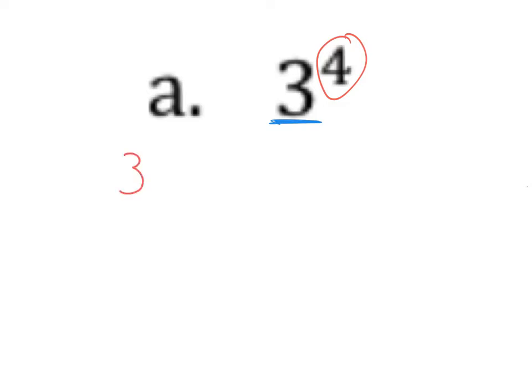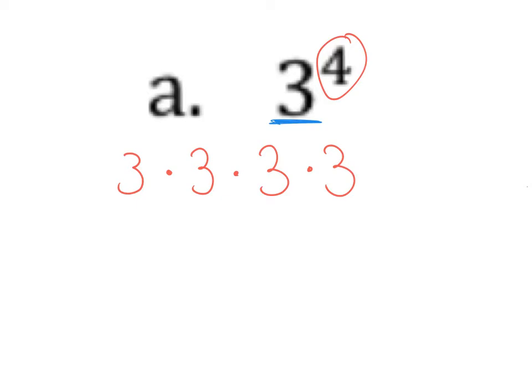So it means I'm multiplying 3 times 3 times 3 times 3, which is not the same thing as adding. We are multiplying. Please remember that. This is not 3 plus 3 plus 3 plus 3. It's 3 times 3 times 3 times 3.